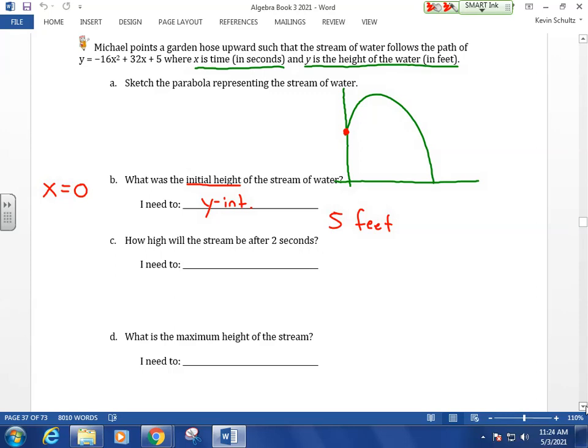How high will the stream be after 2 seconds? What variable are we being given here? And how do you know that, Audrey? Because it's time, right? 2 seconds is a length of time. Back up here, x is time in seconds. So what we want to know is at x equals 2, which I'm going to estimate to be right about there, how high is the water? What do I need to do to answer that?